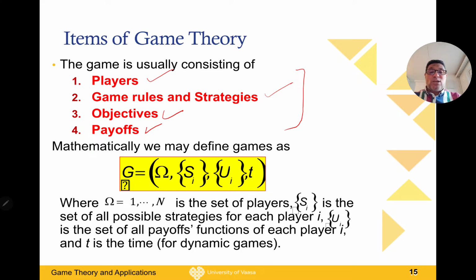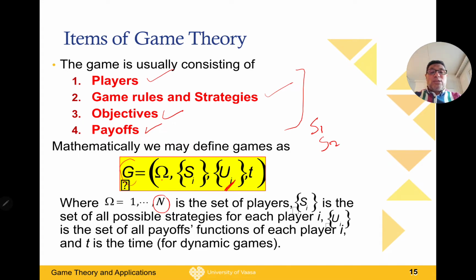So in that sense, we can define the game as follows. Omega is the set of players, which can be up to n players. Then we have S_i, the set of strategies available for every player. For example, S1 means the set of strategies available for player 1, S2 is the set of strategies available for player 2, and so on.